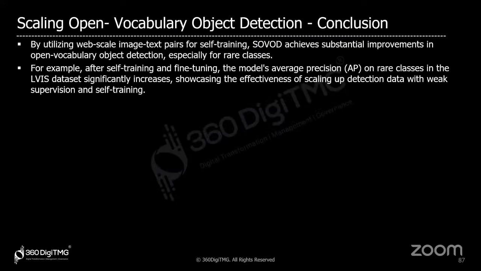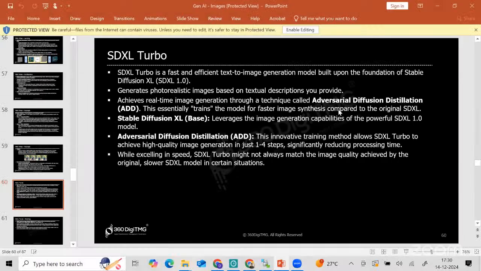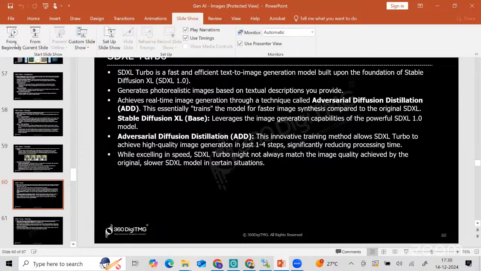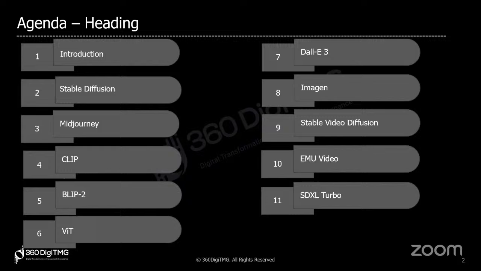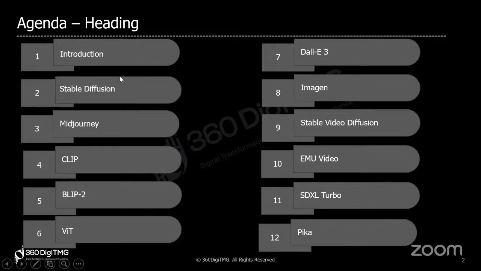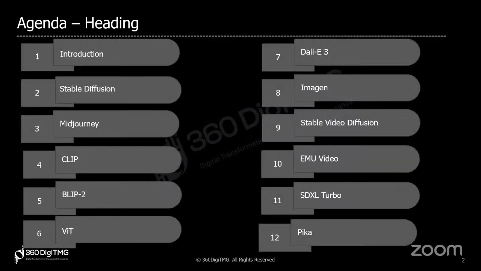So this is it. We have understood all the image annotation tools. All of these we have gone through. First we started with Stable Diffusion, then Midjourney, CLIP, BLIP-2, Vision Transformer, DALL-E 3, Imagen, Stable Diffusion, Emu, and SDXL.